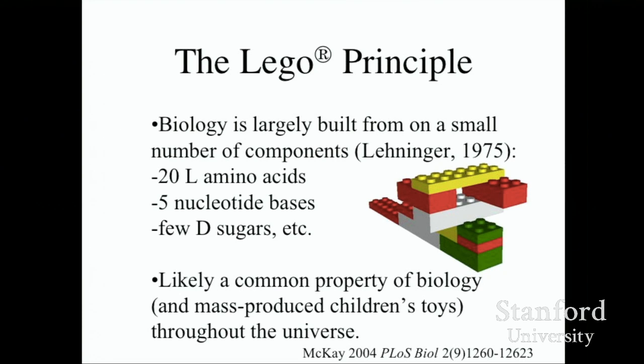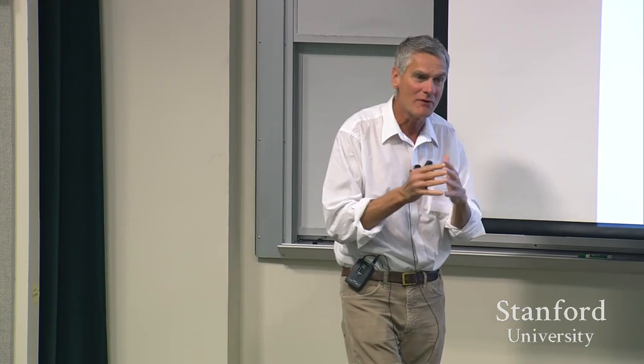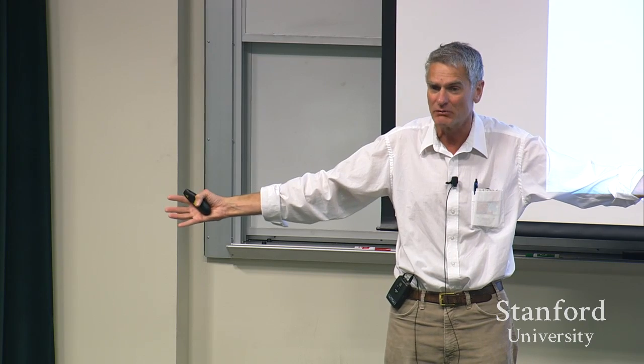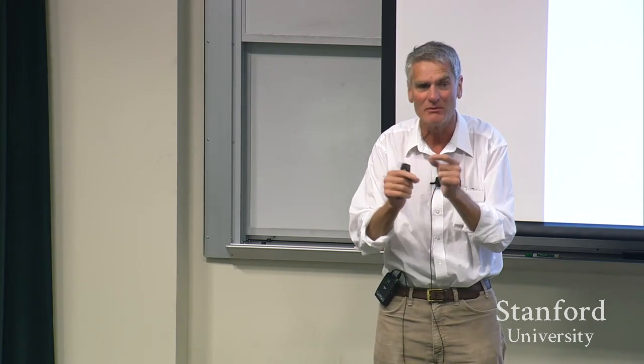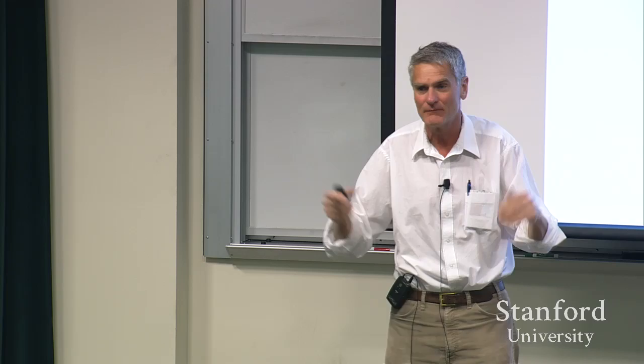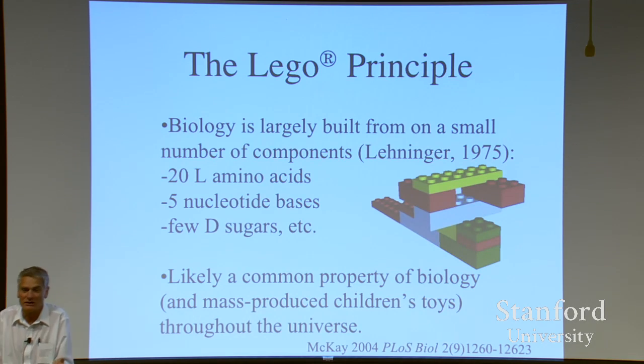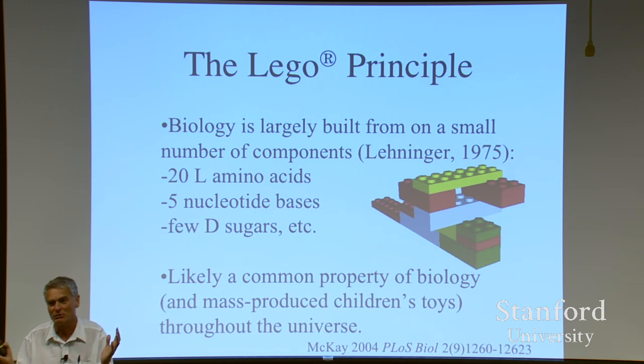This is a fundamental property of the big, giant polymers of biology. The power and the diversity comes not from having a large number of building blocks, but from stacking them in a large number of ways. And that's the way Legos work, right? You got a box of Legos, and there's only a few different types in it, but you can build anything you want out of it in principle by stacking them in different ways.